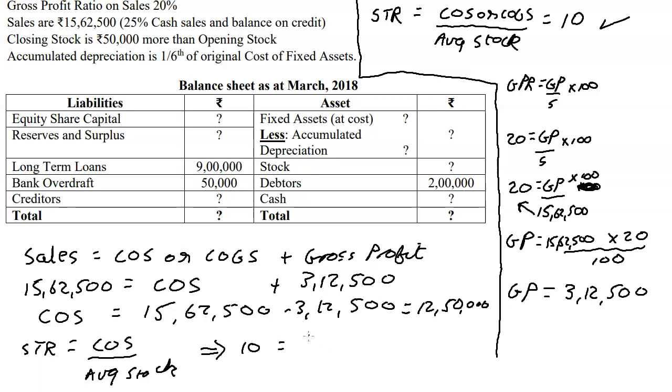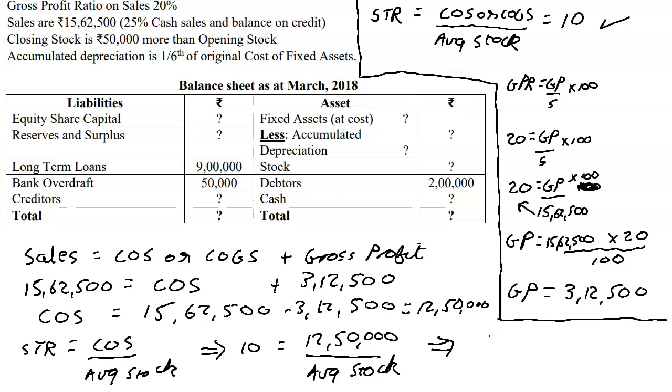And cost of sales we have, so 12,50,000 upon average stock, which we can further solve as average stock is equal to 12,50,000 upon 10, and therefore finally average stock.